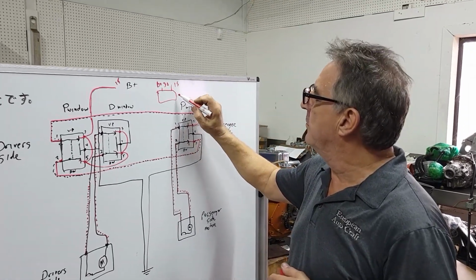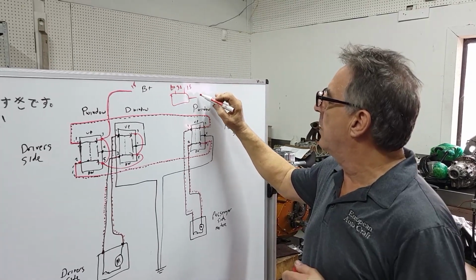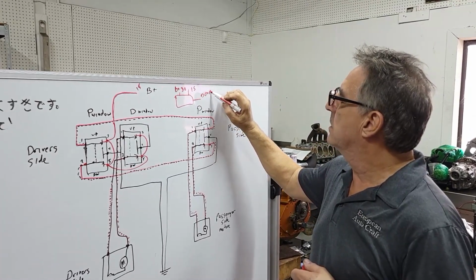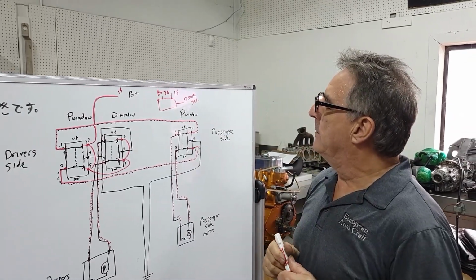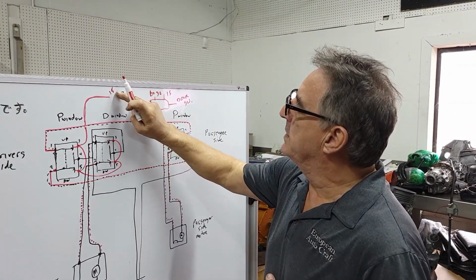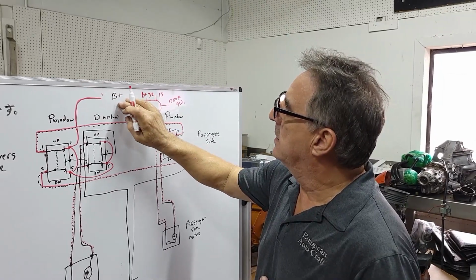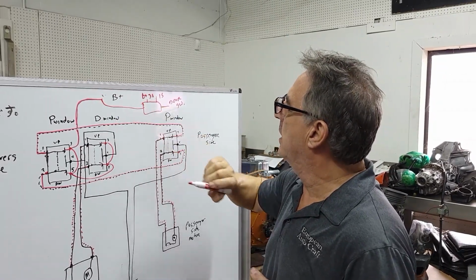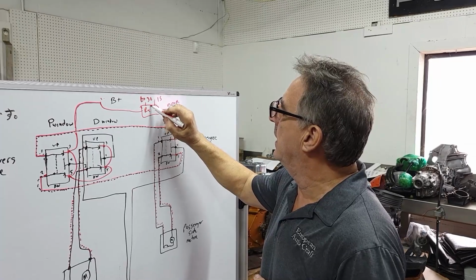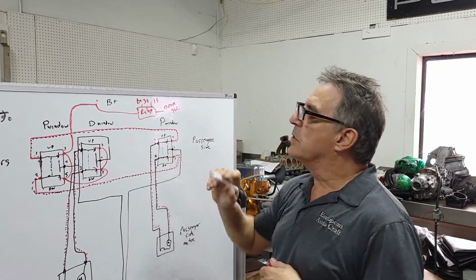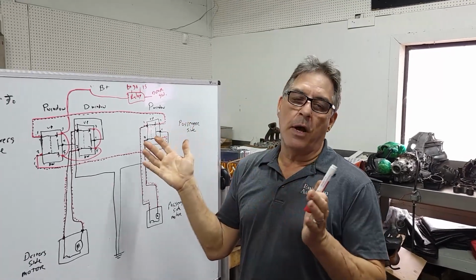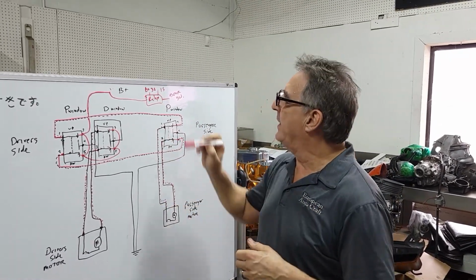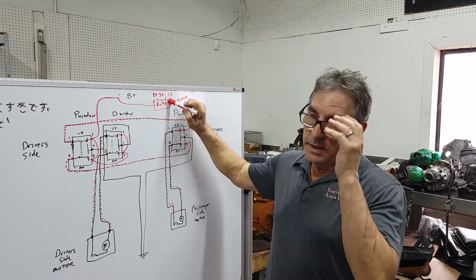This also gets a signal from your dome light switch, our door switch. The output, instead of 15, goes to the window switch here, goes to the relay here. So when you get out of your car, close the door, dome light goes off. That's what turns off this relay.